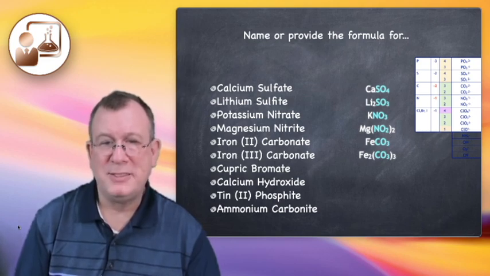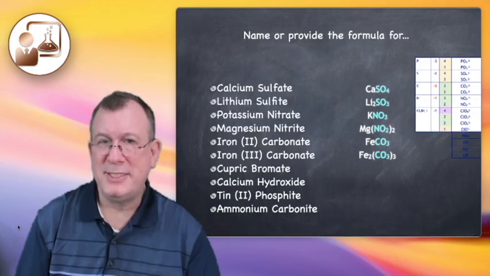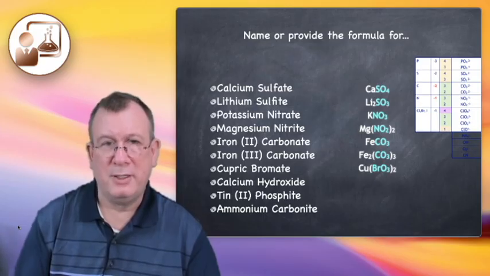And the bromate, well, bromate has got a 1- charge. So which one am I going to need 2 of to make this work? Copper's got 2 covered by itself. The bromate, I need to double up on that. So Cu, open parentheses, BrO3, close parentheses, 2.